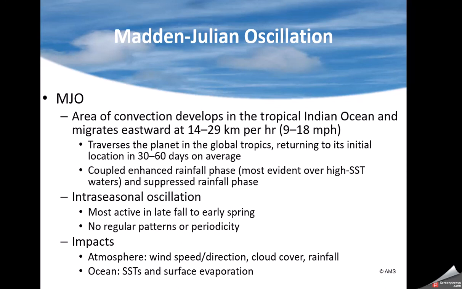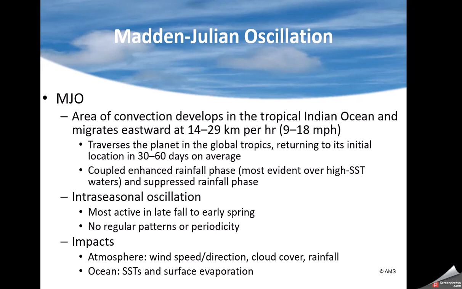Madden-Julian oscillation. It's an area of thunderstorms that tend to develop over the Indian Ocean, and they traverse to the east with time. And what happens is when they really get going, they can influence the Pacific. We've talked about atmospheric rivers in the Pacific.